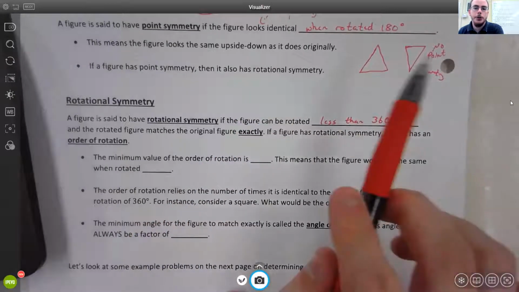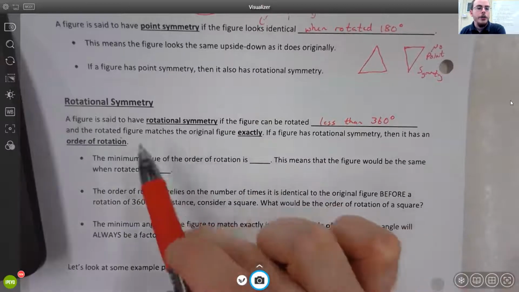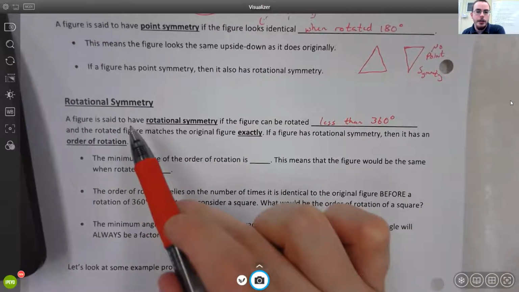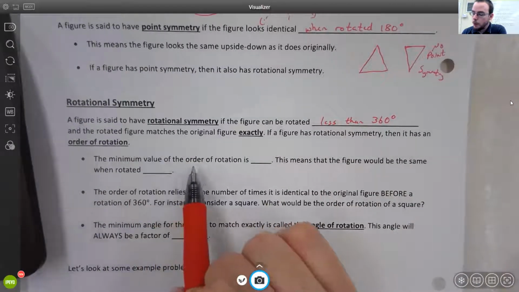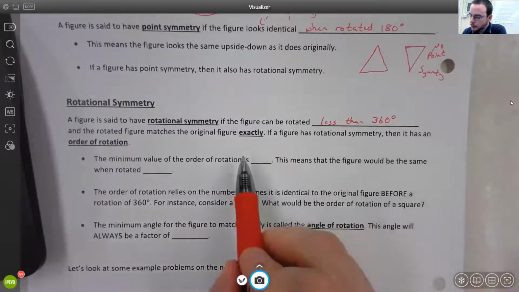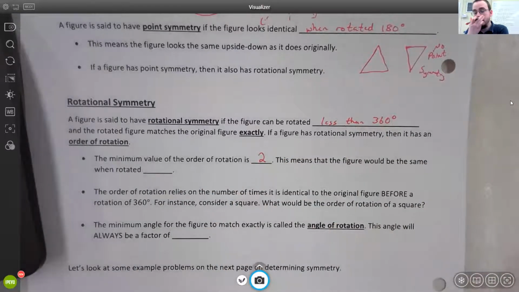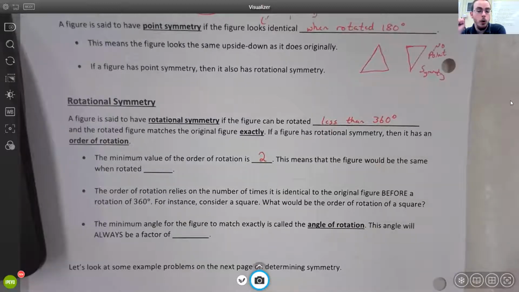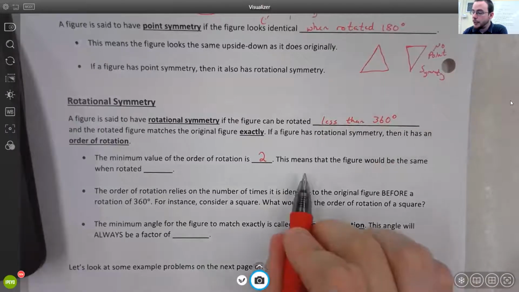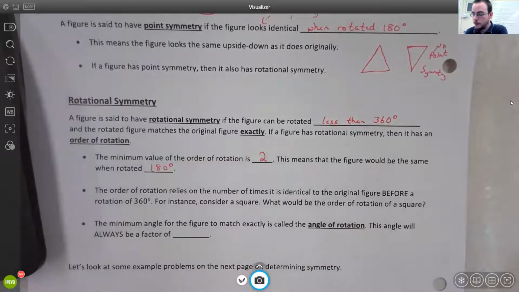So just like point symmetry where it has to be rotated 180 degrees and look exactly the same, that would also have rotational symmetry if you manage to do that. The minimum value of the order of rotation, which is how many times it can be rotated before 360, is 2. An order of rotation of 1 would only be 360, which would not have rotational symmetry. So this means that the figure will be the same when rotated 180 degrees.